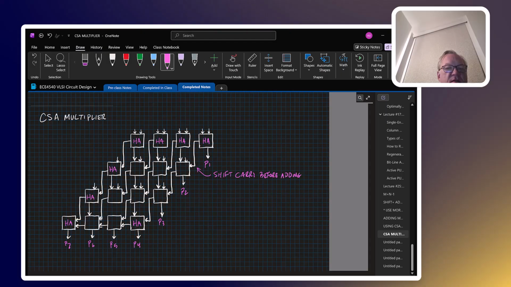Okay. Now, these additions need to be very fast, so we can use things like domino logic in order to get our product quickly.